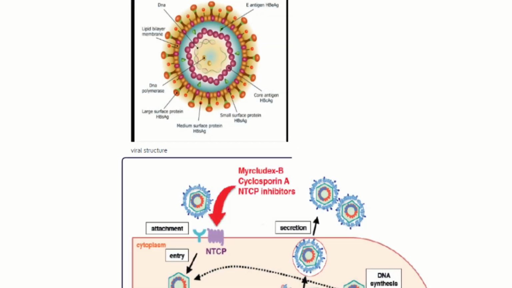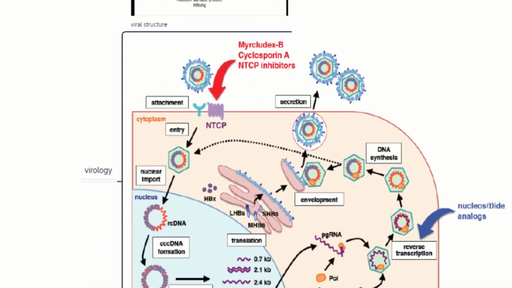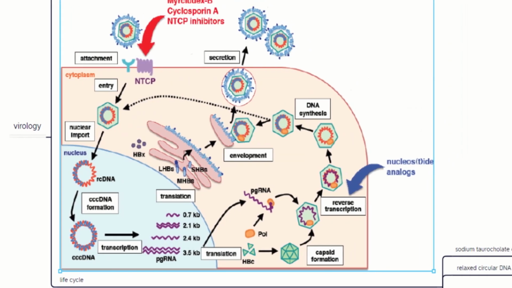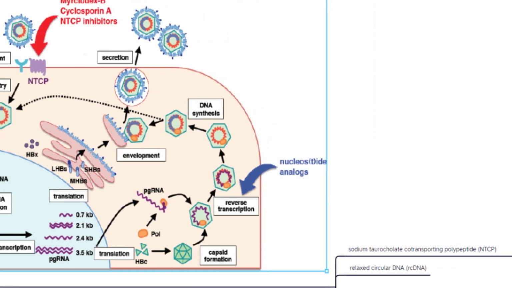The next layer is the layer between the capsid and the envelope. In this area, we will find the E antigen, which will be written as HBE antigen. And finally, we will have the envelope.